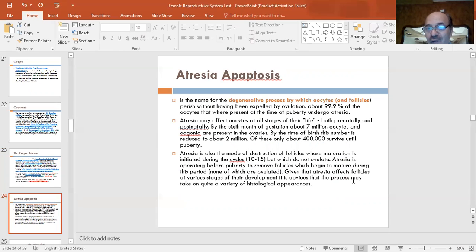Not necessarily all of them will survive. Only maybe 1% of them will survive. And finally, the female is born with about 400,000 instead of 5 million. So it seems to me that the apoptotic process is essential to make sure that the sister oocytes will complete their growth and development. There's no other explanation better than this.